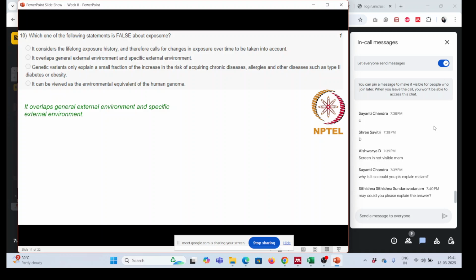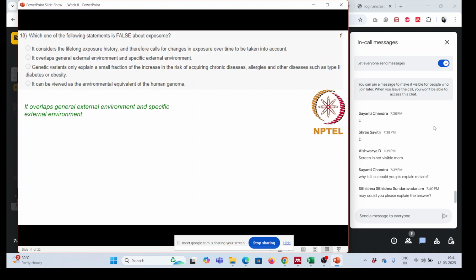Okay, I didn't see your question. Actually, when we talk about exposome, it represents internal factors too; it is not just the overlap between general and specific external environment. It talks about all the lifelong history, which makes up the inside also. That is why it is not just the overlap. When we say general external environment, it also includes specific external environment, so there is no overlap.